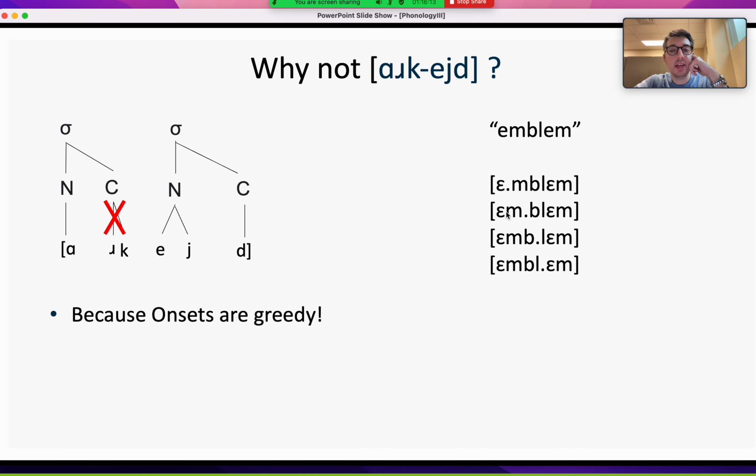So our winning candidate should be this one, emblem, right? Not emblem, because if everything else is legal, the more sounds you can have in onset, the better, because onsets are greedy.